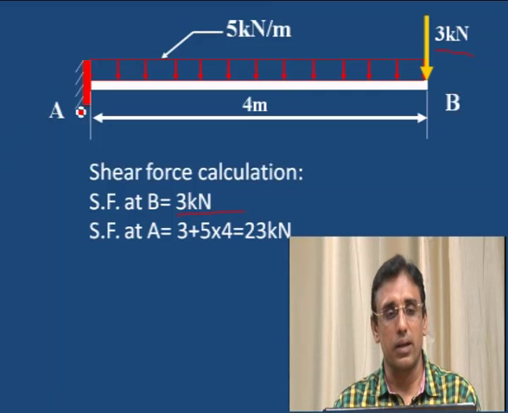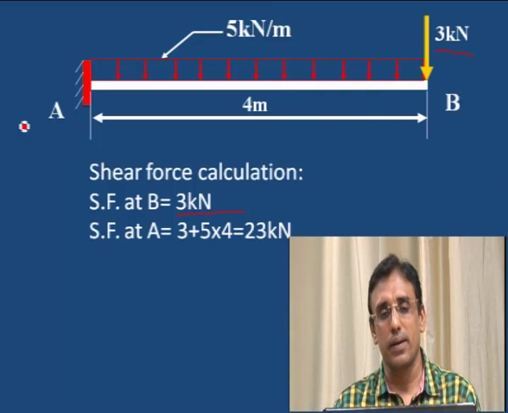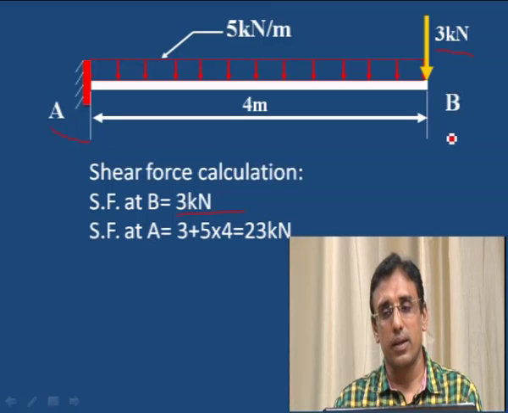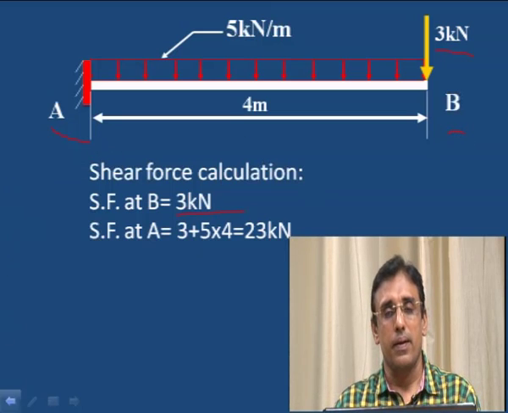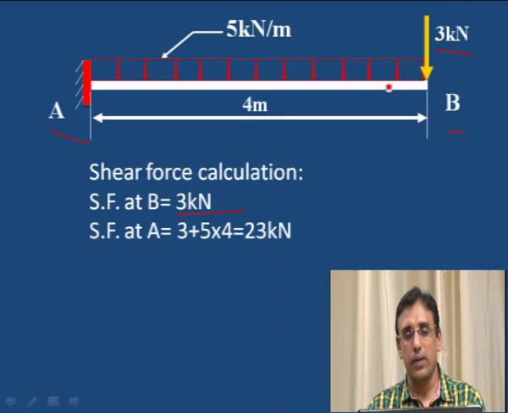Then shear force at A, because only 2 points are there, A and B. At A, previous value 3 kilonewton, plus one more load added, the uniformly distributed load of 5 kilonewton per meter. 5 into 4, 20 kilonewton is the total load acting. 20 plus 3, 23 kilonewton is the total shear force at A.